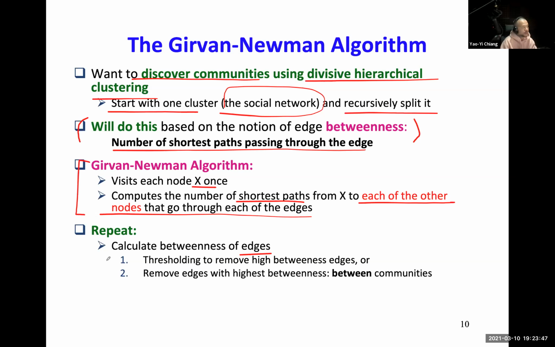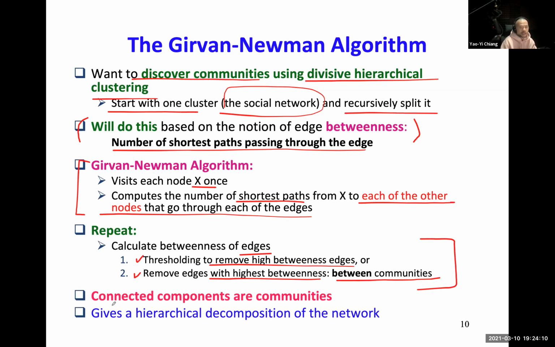Once you have the final betweenness number for each edge, you use a threshold to remove the high betweenness edges because you think these are between-community edges. You can remove edges with the highest betweenness. Once you do this, the remaining connected components are your communities.